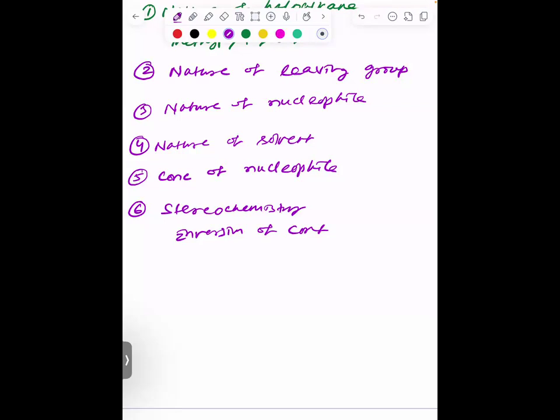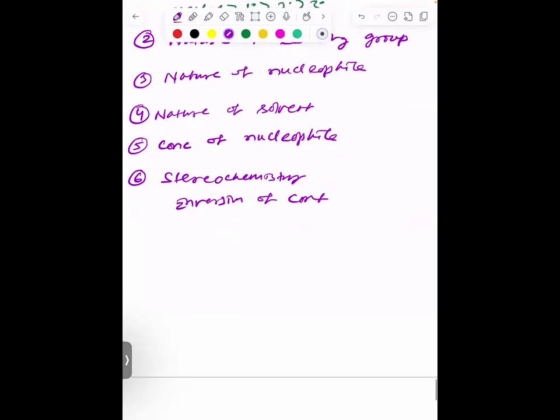So it is complete inversion of configuration. Okay. Got it?